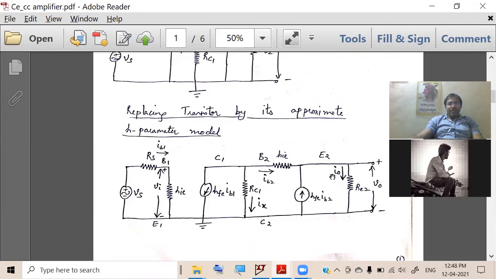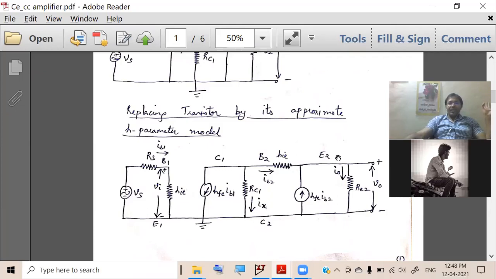V0 is in terms of I0, which is in terms of IB2, so indirectly V0 is in terms of IB2. So if we get the IB1, IB2 relation, then I can solve V0 by VS. Simple mathematics, KCL, KVL, that's all we are using.